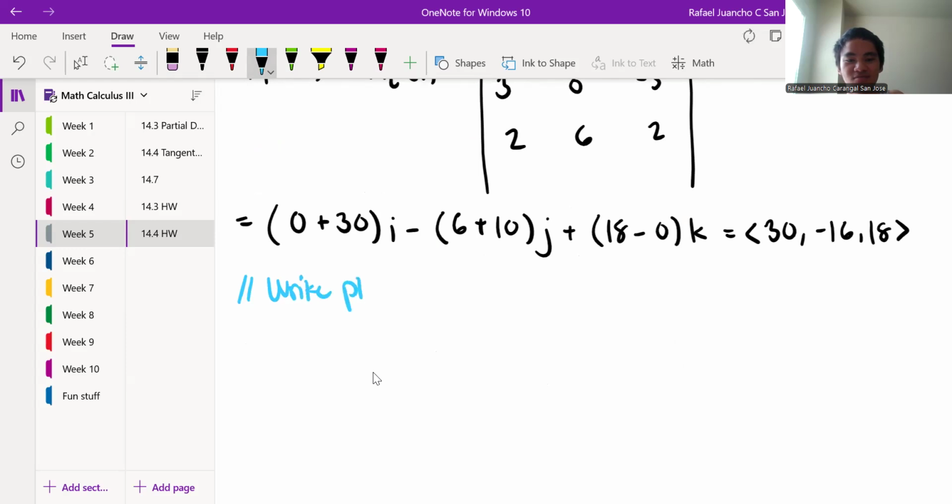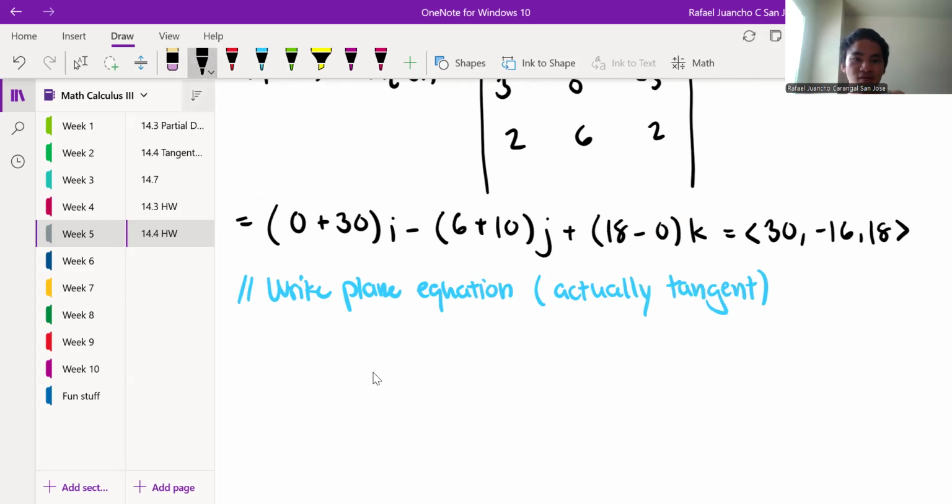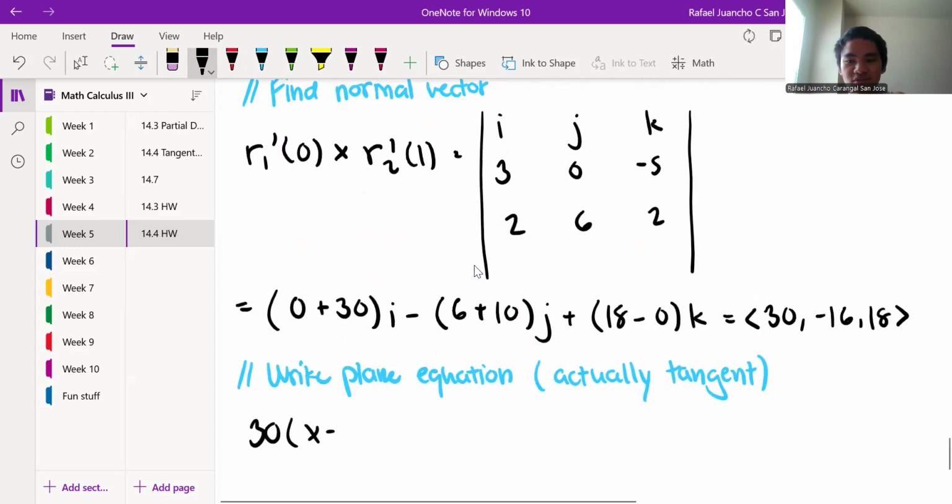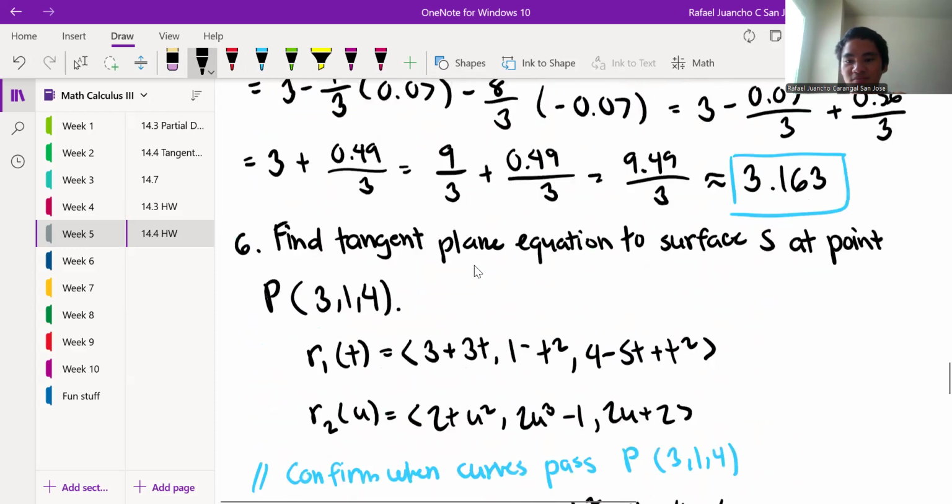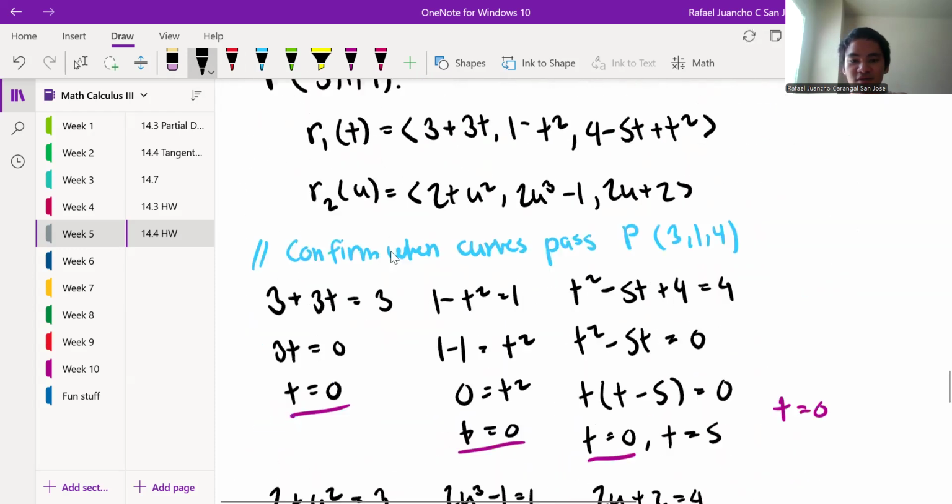So write the plane equation, actually tangent. And we're done. So I have my 30 and then my initial points. So my normal vector and my point. 3, 1, and 4.